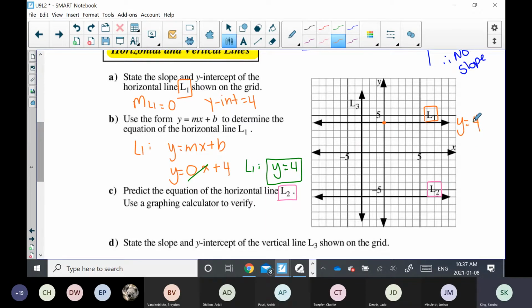It was whatever the y-intercept was. So making a prediction, line 2 has 0 slope, so 0x, and the y-intercept is -6. The equation of this line would be y is equal to -6.